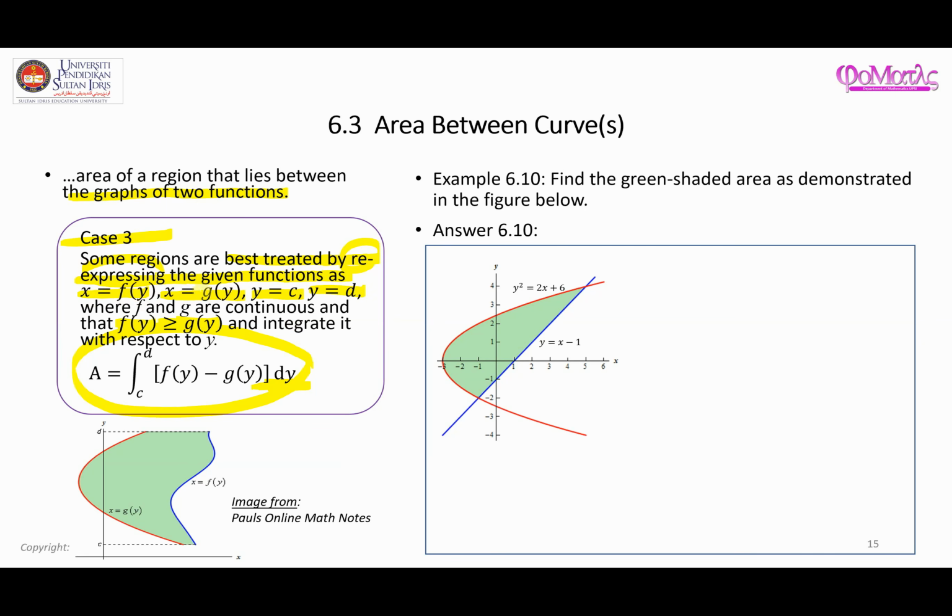So based on this, you're going to integrate with respect to y, so you have to recognize what the limits for y are. y equals d is the upper limit, and y equals c is the lower limit. And clearly you can see that f(y) is always greater than g(y), so we have f(y) minus g(y).